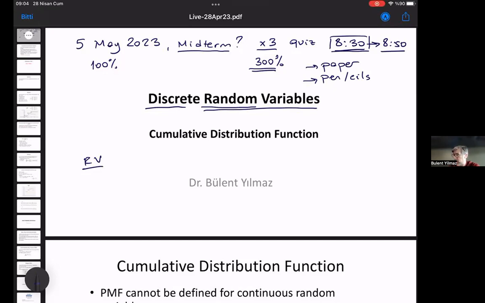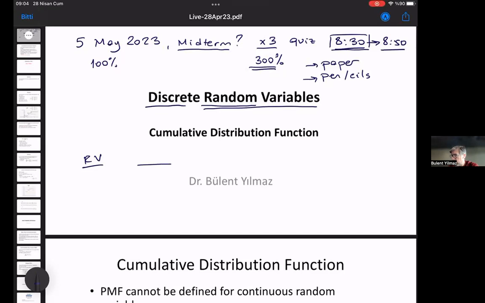If they are discrete, like if they don't have all the values but only certain values like 0 and 1, then it is a discrete random variable. If it is continuous, the random variable can take any number and the probabilities will change between 0 and 1, then this will be a continuous random variable. This will be a discrete random variable, okay?